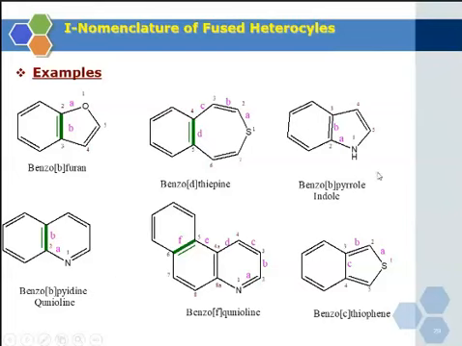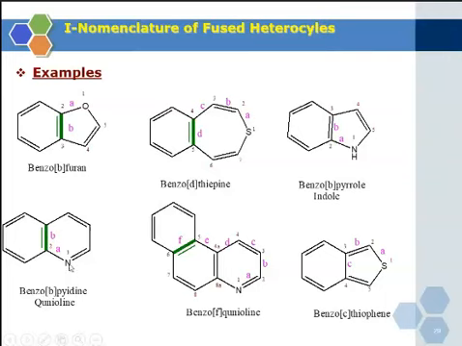Similarly, we can see the nomenclature in the rest of the structures. Here it is benzo[b]pyrrole. It is also denoted as indole.